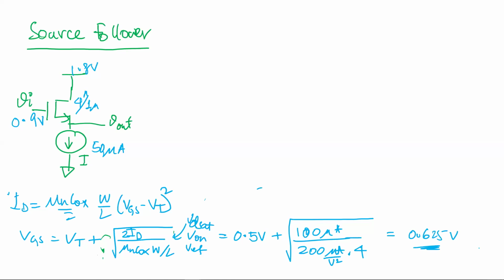Got it? Makes sense. So if this was not 200, 300, doesn't matter, it'll change a little bit. And VT is, let's say, 0.45 or something. So this might be 0.6 volts. So let's say this is 0.6 volts, okay? Okay, so now tell me, what should be V out?